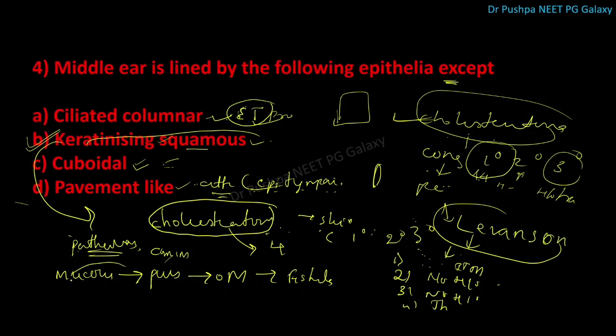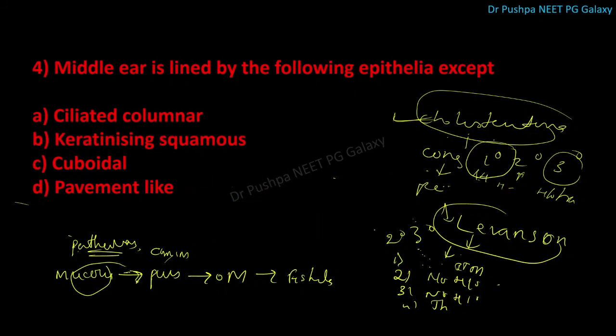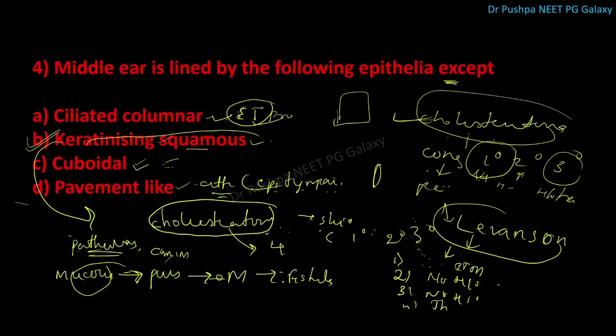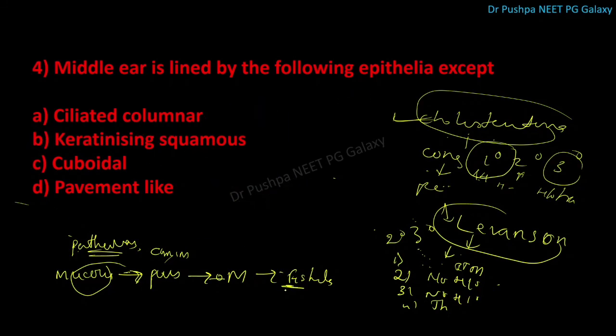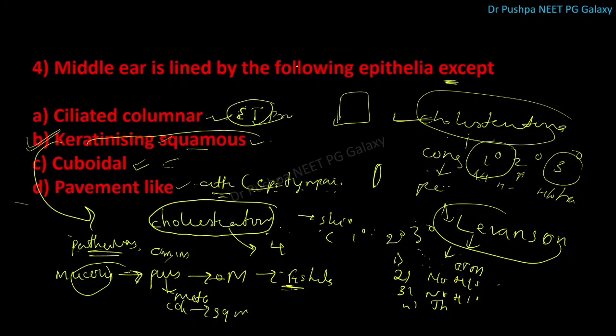There will be first mucus production, then it will get infected to form pus production, then otitis media, then there will be formation of tract. And this pus can erode epithelium, and that can cause metaplasia, that is columnar to squamous metaplasia. So this is regarding lining epithelium and cholesteatoma.